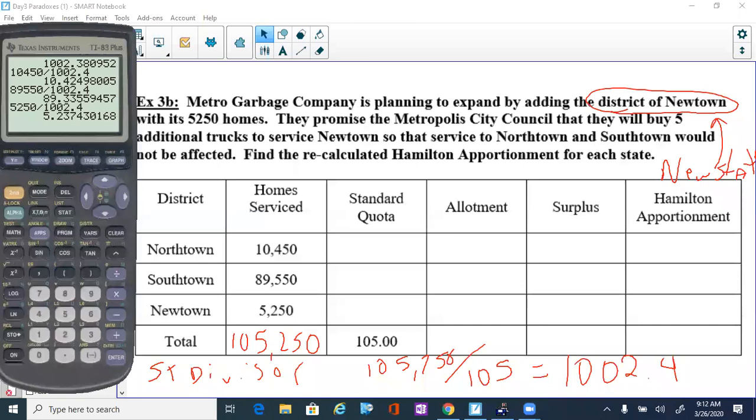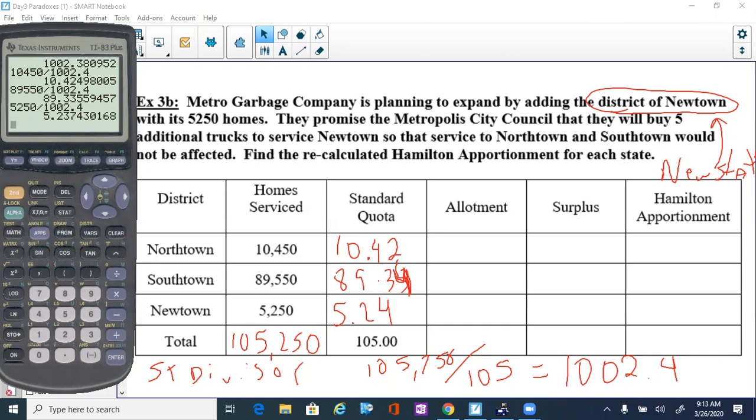So the standard quota for each one of these, we got this one as 10.42. The standard quota for this one was 89.33, or 34, I'm sorry, I didn't see that rounding. And then we've got 5.237 or 5.24.